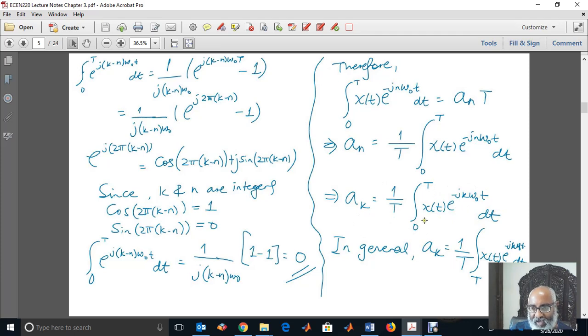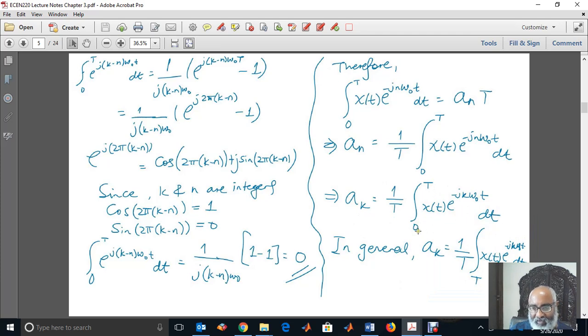Therefore, in general, how can we calculate a_k? The a_k can be calculated as 1 over the period, the integration over 1 period, of x of t multiplied by e raised to minus jk omega naught t dt.